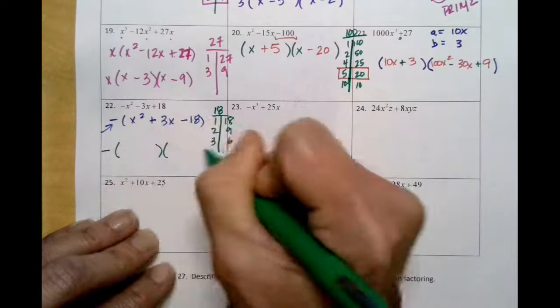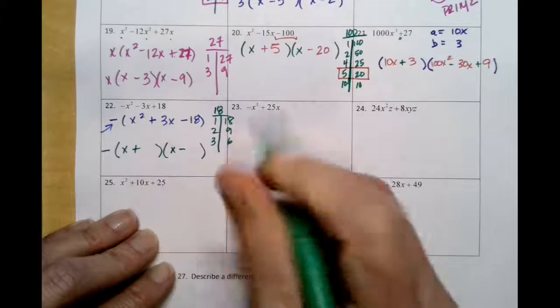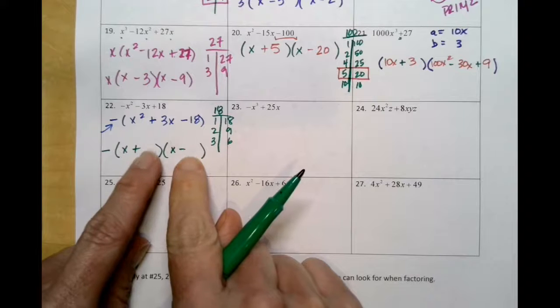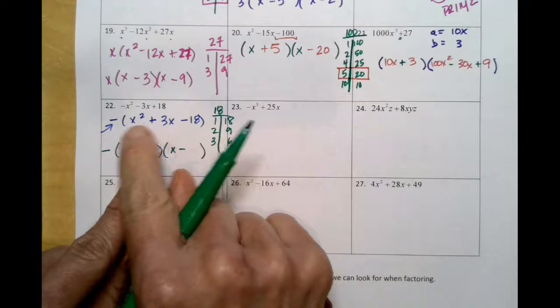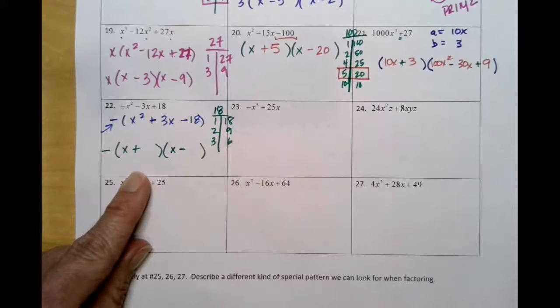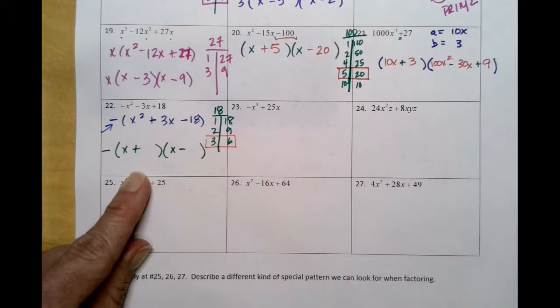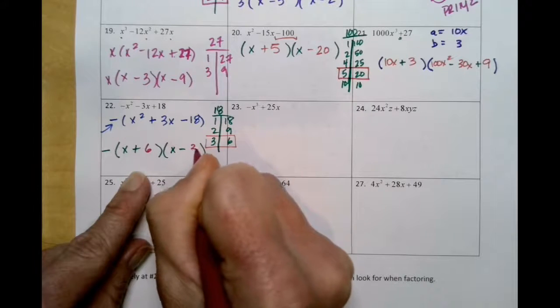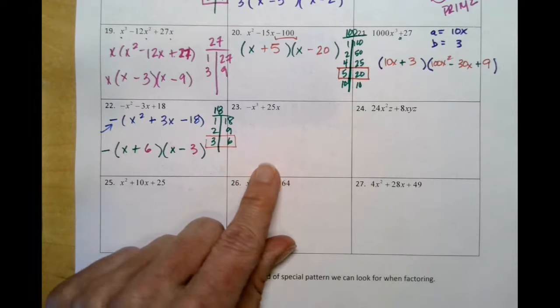So when I try to break that number down, I know I'm looking at a sum and a difference because this is a negative value. The only way to get a negative product is if I'm multiplying 2 factors that do not have the same sign. Now that I know that I pull this negative out, when I'm finding 2 numbers that have a difference of 3, here we go, 6 and 3, and guess what? My 6 is positive, my 3 is going to be negative because I have more positives than negatives.